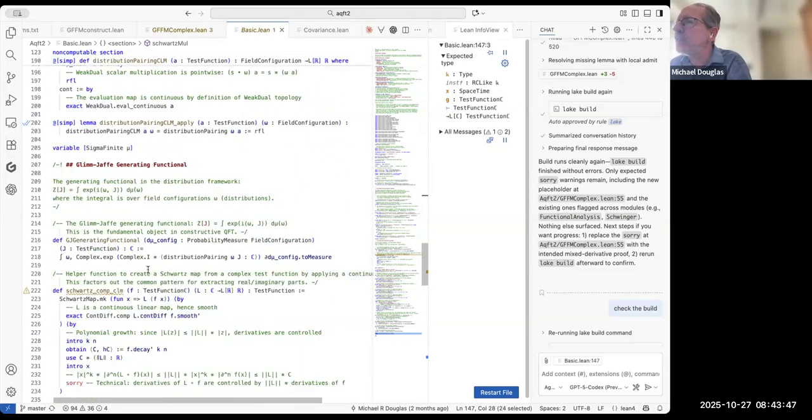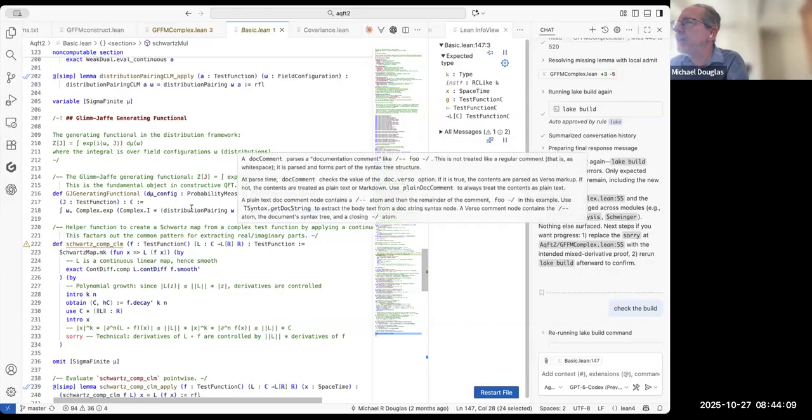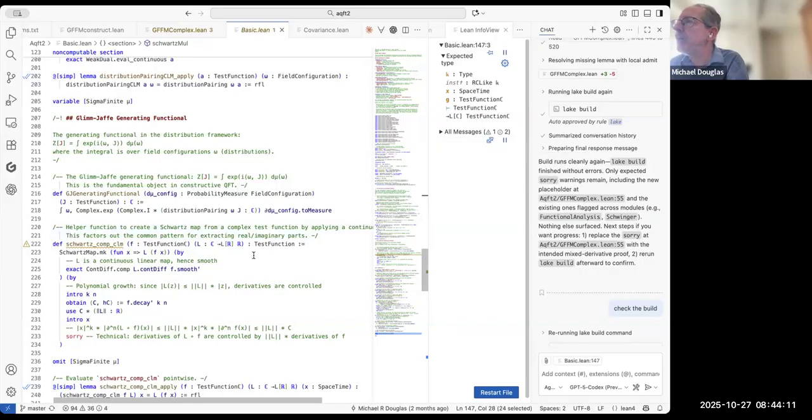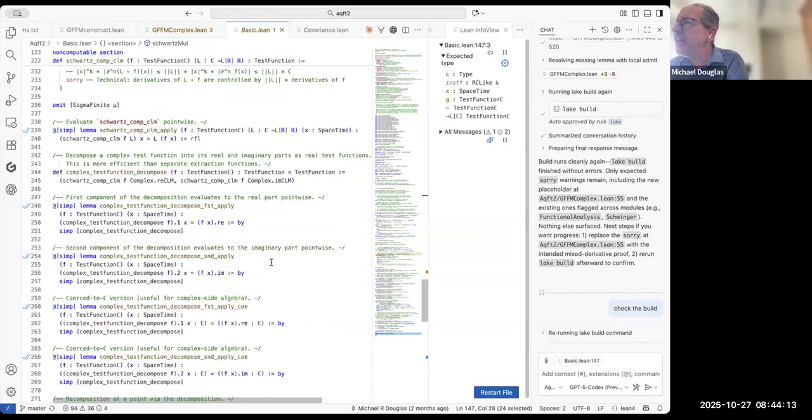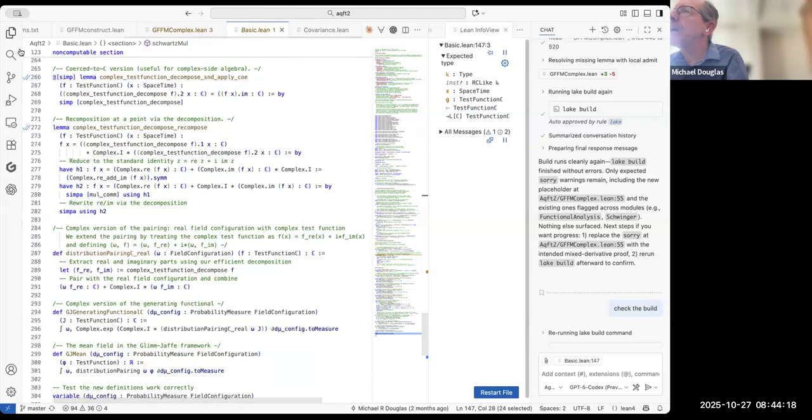And then that allows us to define the generating functional, so we have the integral over the measure here, d mu. So this is again just a general definition. You give it a probability measure over field configurations. You give it a function of test functions, and it's the integral of e to the i, pairing phi with j, over the measure. Okay, so that's the primary definition that we'll rely on.